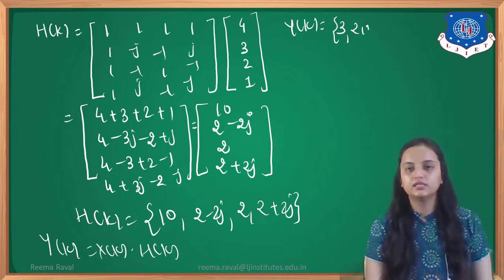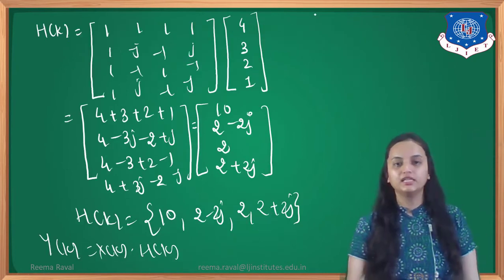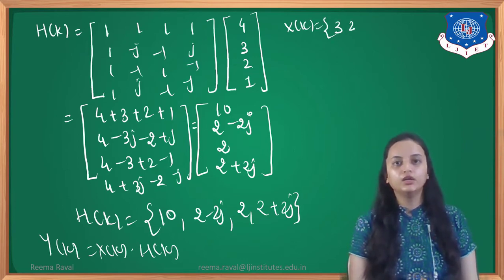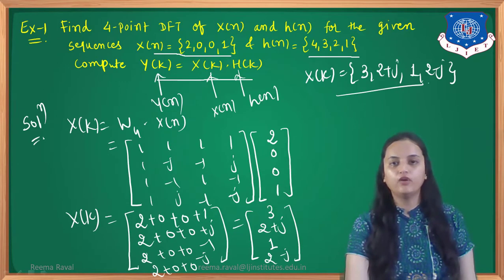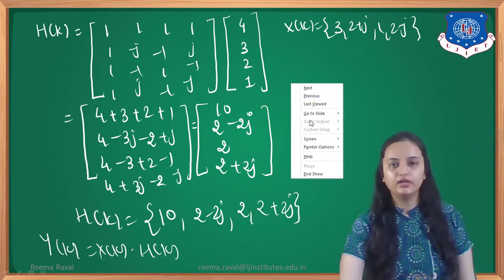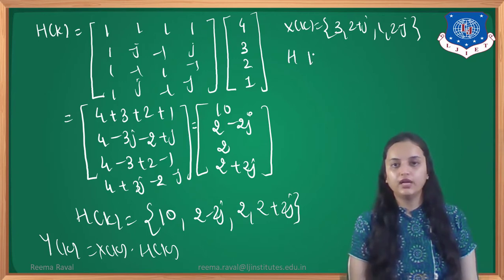Now we write the next value that we have obtained: h of k equals 10, 2 minus 2j, 2, 2 plus 2j.